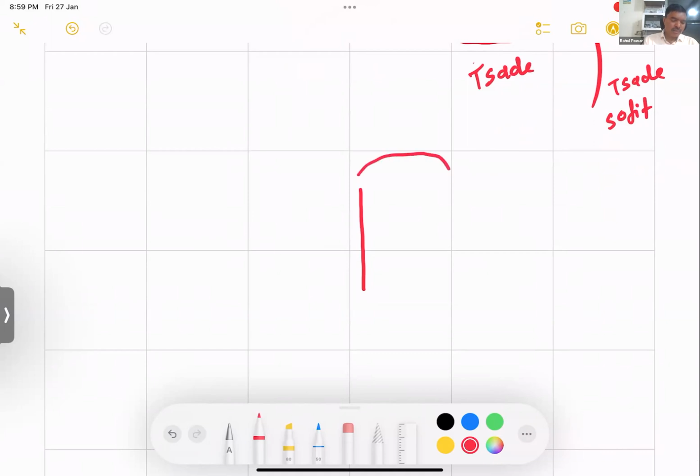Then from here, this is Kof. Everyone say without unmuting: Kof.